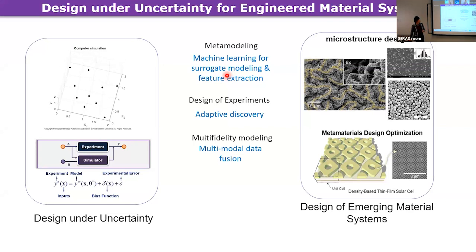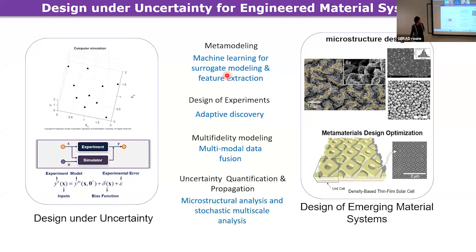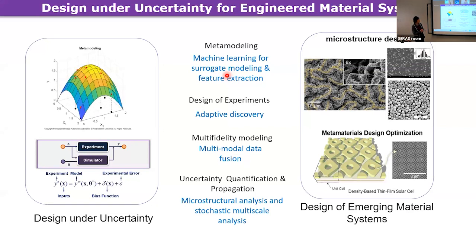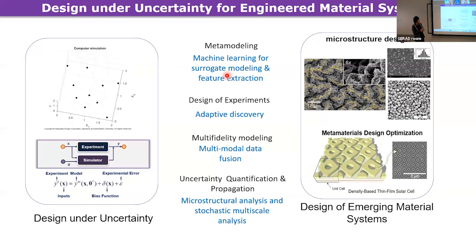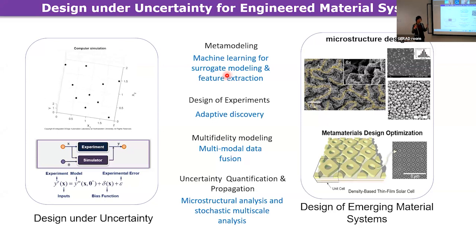If you talk about digital twin, which is a project we work on in the ERC that Michael mentioned, it is a data fusion problem. And lastly, uncertainty propagation and quantification. In the material area, we're developing a lot of techniques that deal with microstructural analysis and stochastic multiscale analysis, because all material systems involve multiple scales, from nano to meso to macro scale.